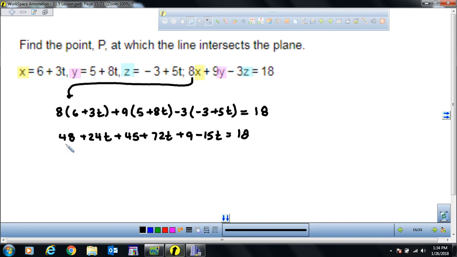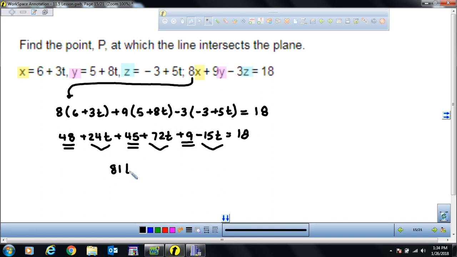Then let's combine like terms. So the 48, the 45, and the 9, and also the 24t plus the 72t minus the 15t. So 72 plus 24, 96t. 96t minus 15t would be 81t.